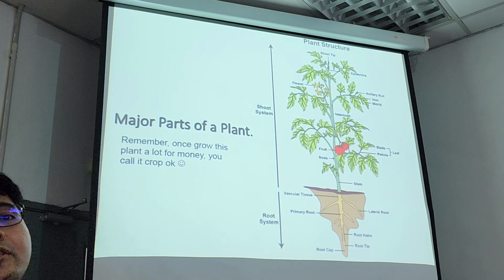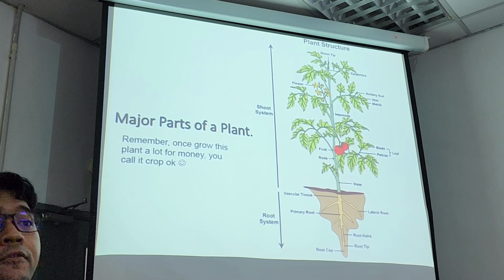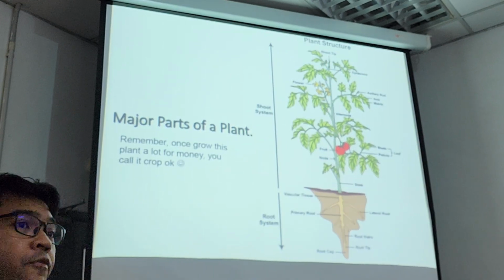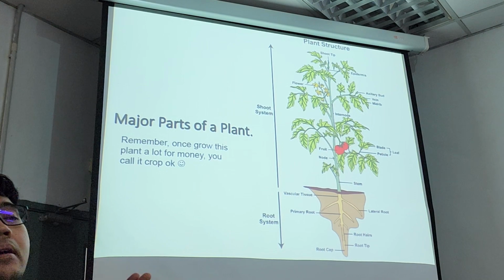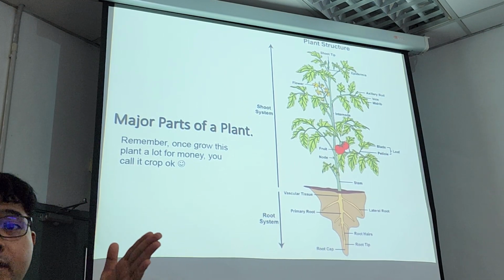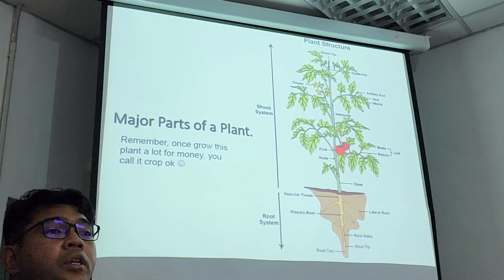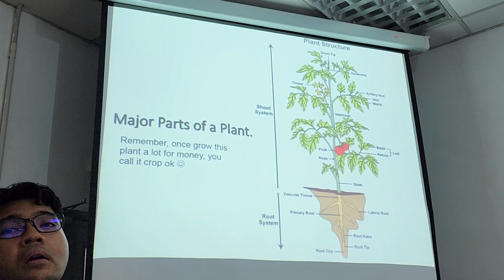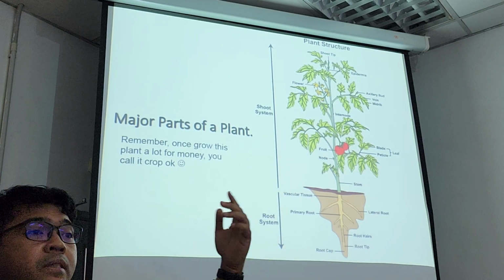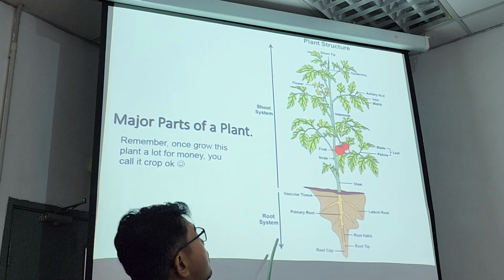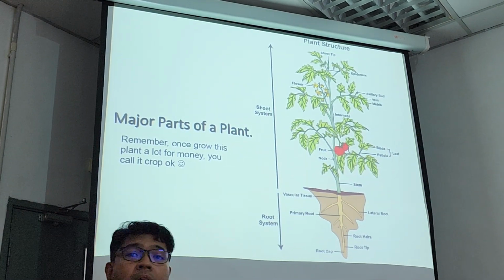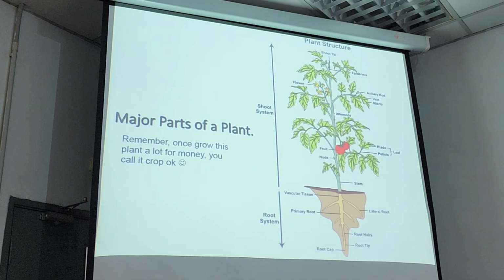So vegetables actually refer to the leafy parts of the plants, the leaf and the stem, meaning that after the juvenile stage, your plant will enter the vegetative stage to produce lots of leaf, stem, and also root. Root is actually a vegetative part of it.